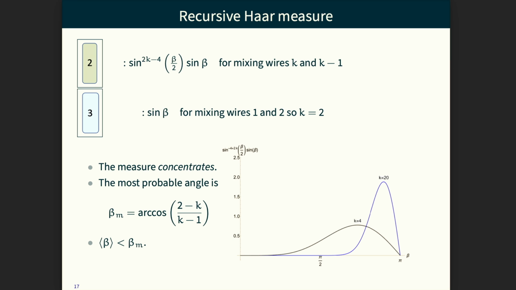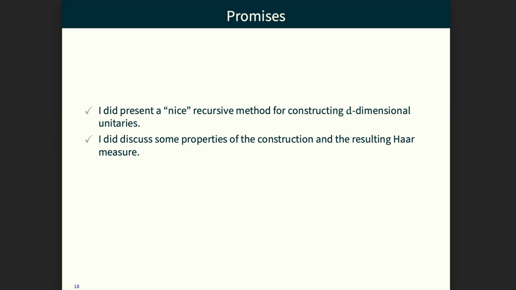So again, too messy to write, but it exists. And I've checked two of my boxes. So I hope thus far I have convinced you that I can easily construct D by D matrices and easily understand the distribution of the angles.